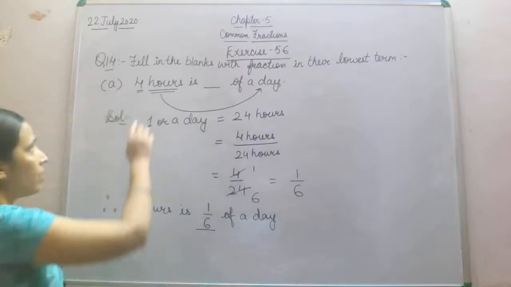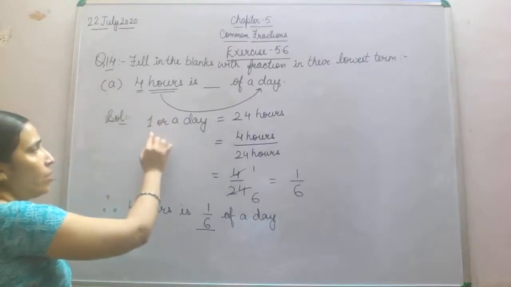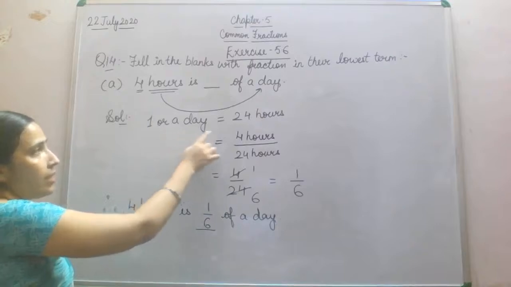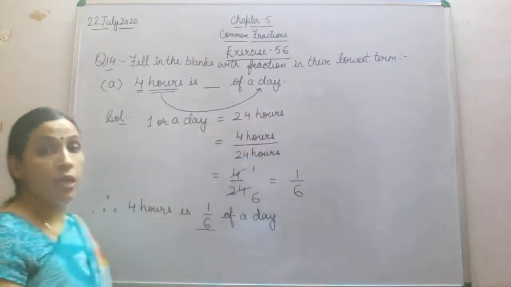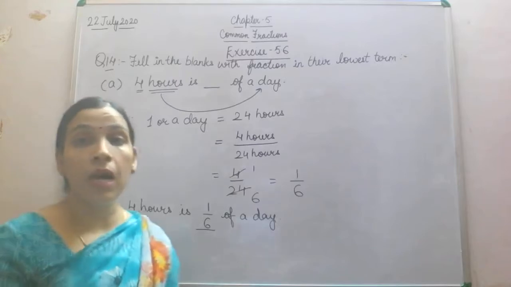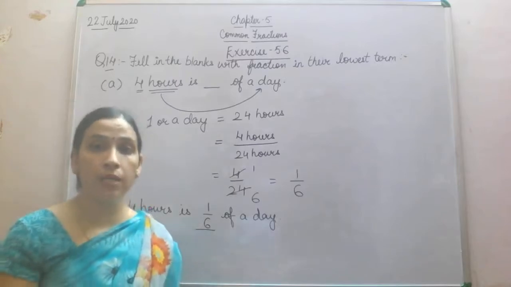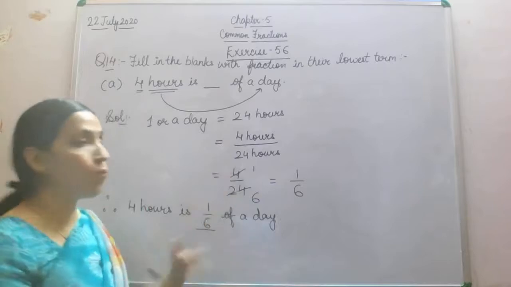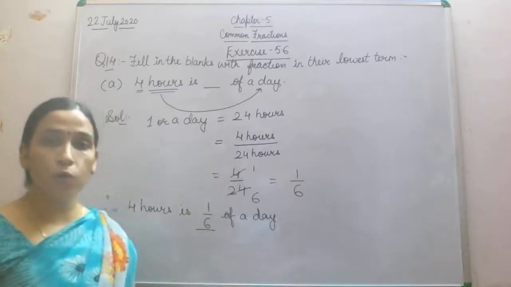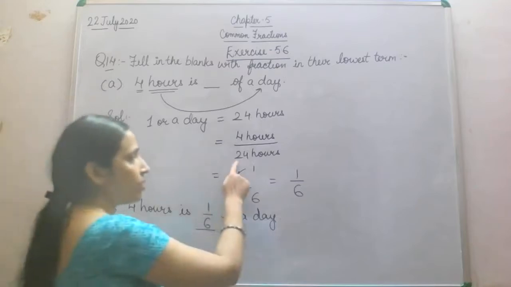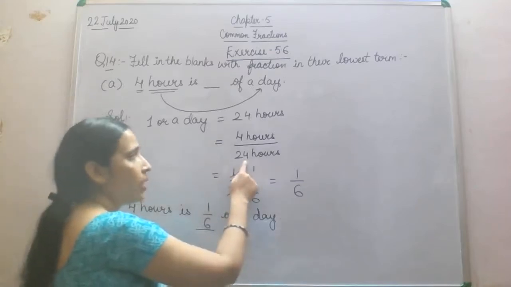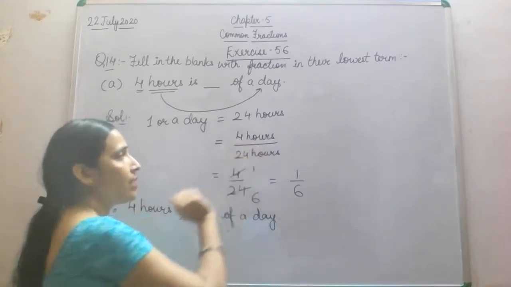So what is the next step here? 1 day is equal to 24 hours. Now you have to find out of 24 hours, 4 hours will be what fraction? The bigger number, 24, we will write down and 4 hours we will write up.